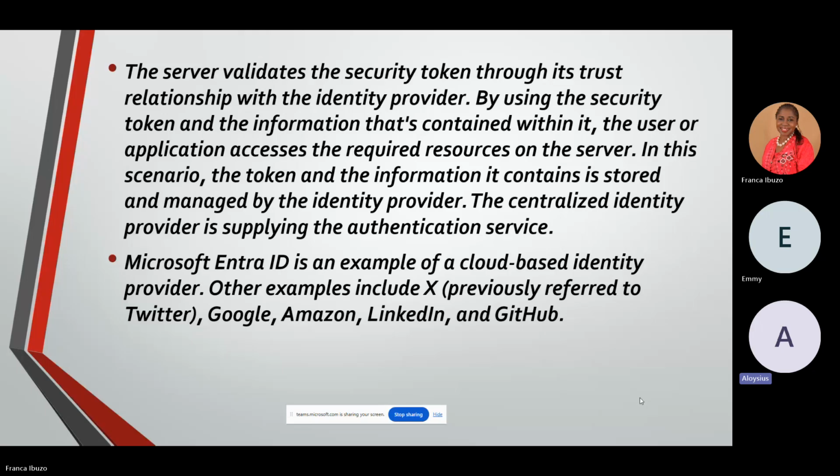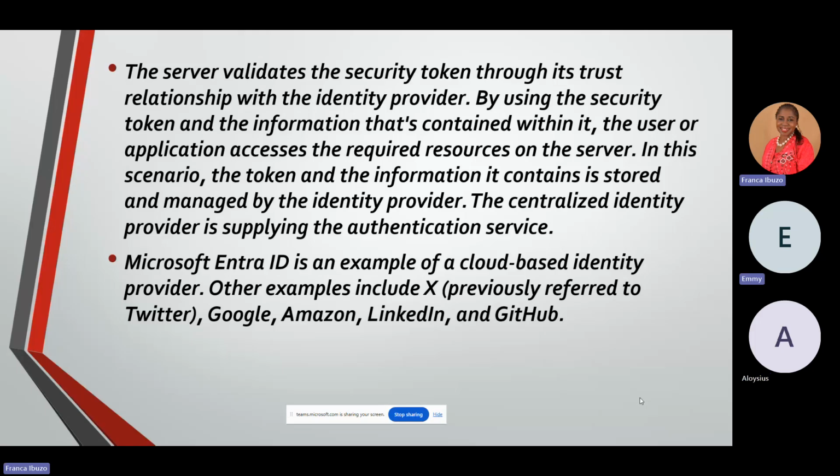For example, when you log in with your Google account, you can access your YouTube and other applications. There are some applications you will open, and for the fact that your Google account is signed in, they will ask if you want to log in with your Google account. I think that's single sign-on.